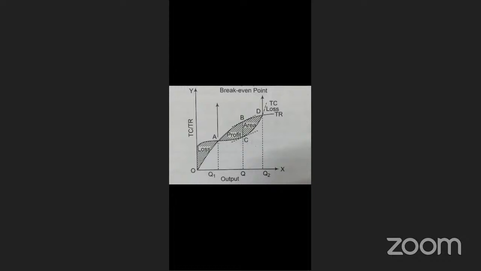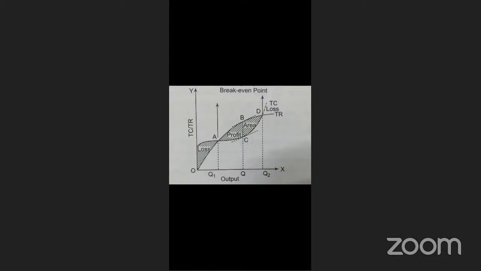Marginal cost is the change in the total cost that arises when the quantity produced is incremented, the cost of producing an additional quantity. It is known as the marginal cost.